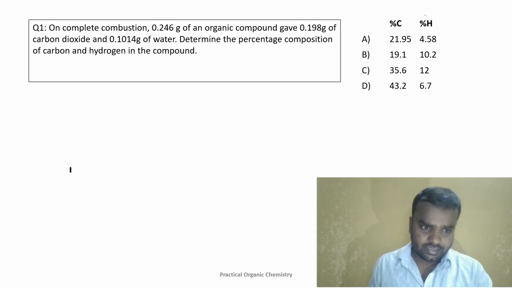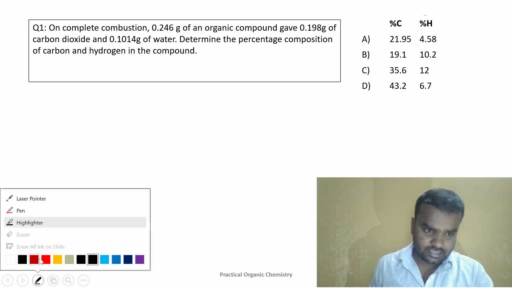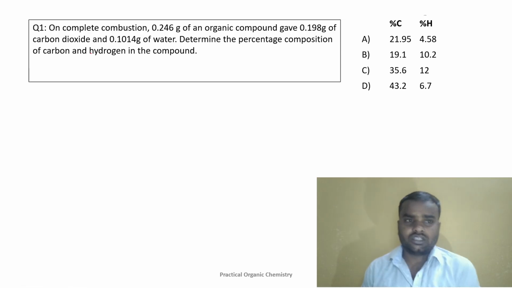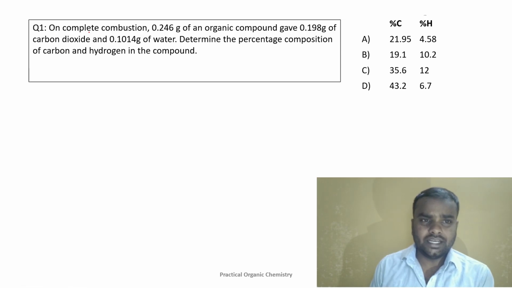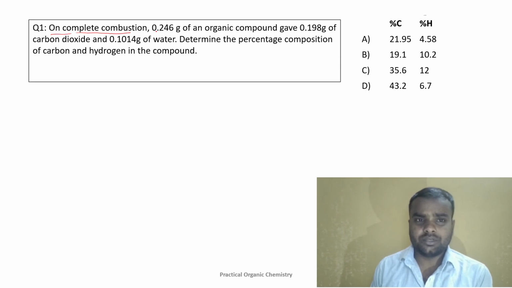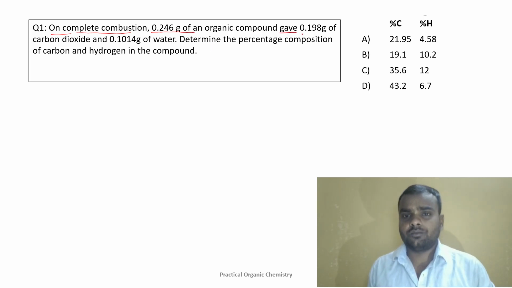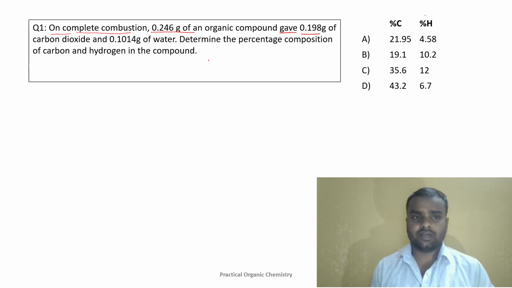Now, how can a question be framed on this? Let us take an example question. Suppose complete combustion of 0.246 g of an organic compound gave 0.198 g of carbon dioxide.